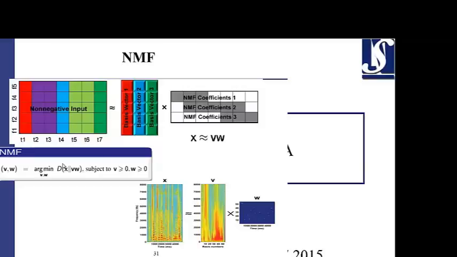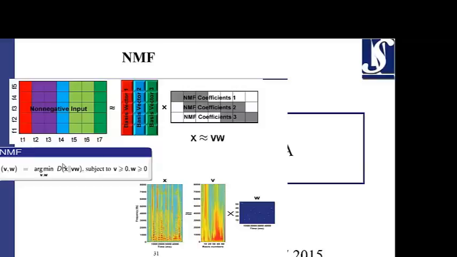That's the idea. Subject to what? Subject to the constraint that both the atoms and the weights should be positive. And that's the idea of NMF. So you get the spectrogram of the signal, and for every single frame, you should realize this is already fixed. Offline, you pre-train the dictionary.